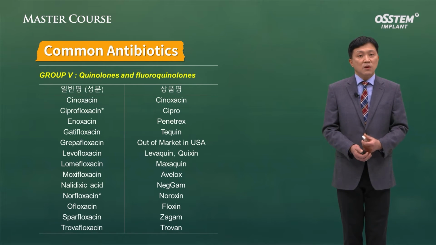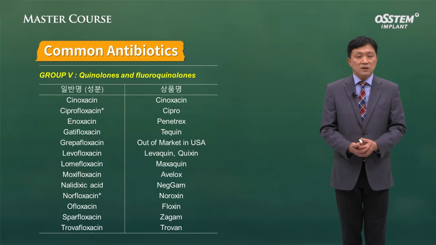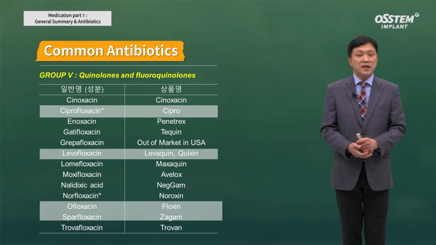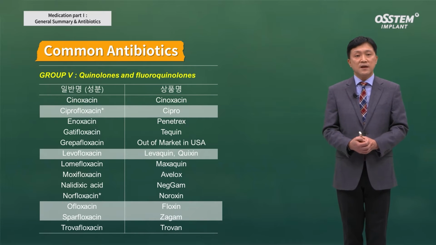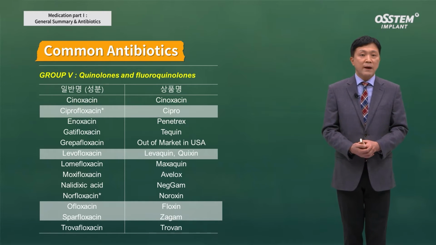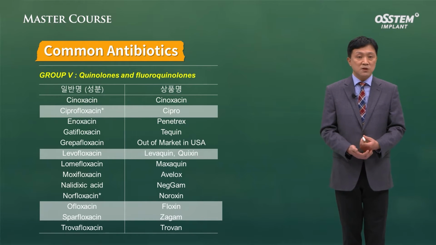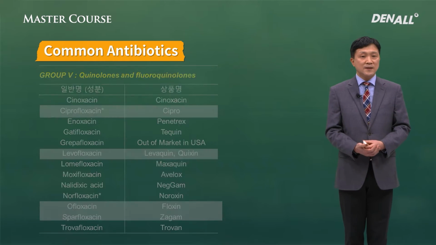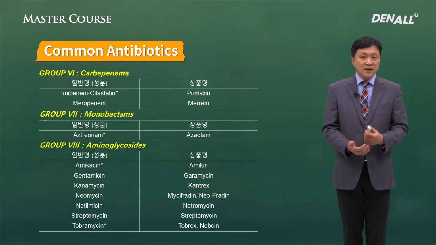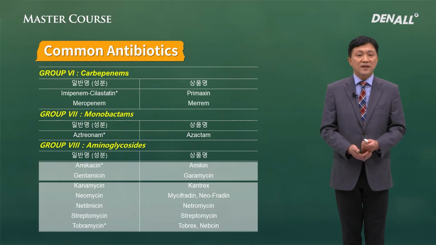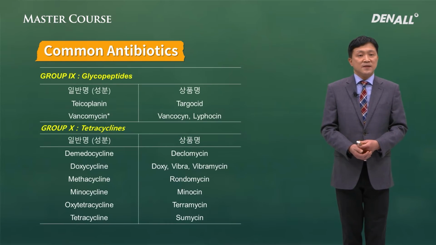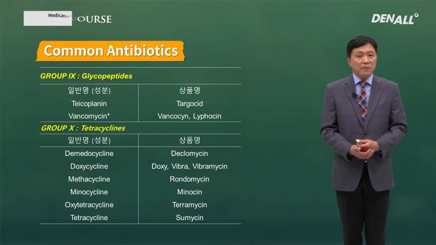Group 5, quinolone. There are 4 generations of quinolone, I think, and there are some differences between the generations. Generation 1 starts with ciprofloxacin. Quinolone includes ciprofloxacin, levofloxacin, ofloxacin, and sparfloxacin. Group 6, carbapenems. Group 7, and Group 8, aminoglycosides. Group 9, 10, tetracycline is Group 10.